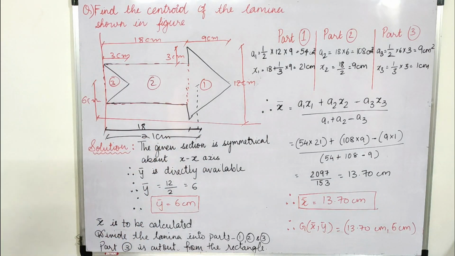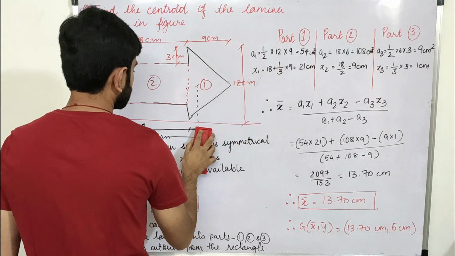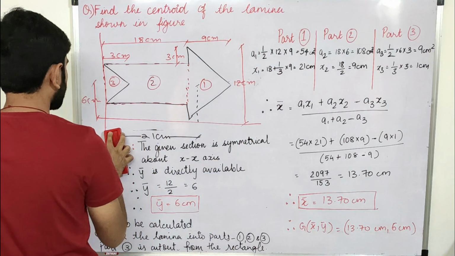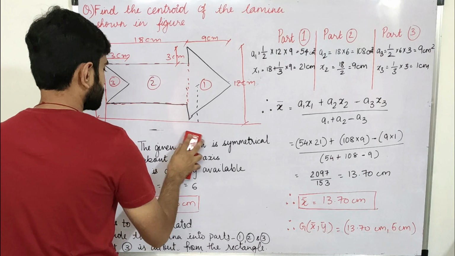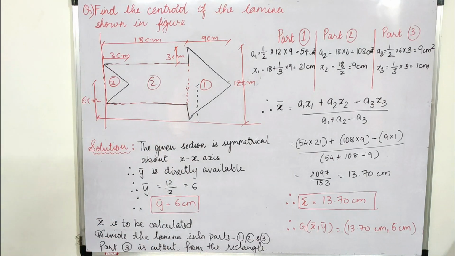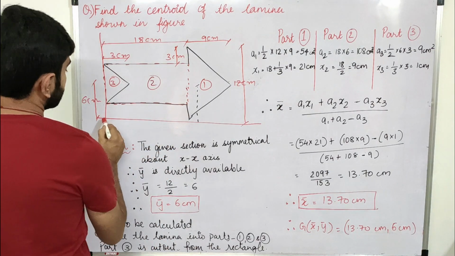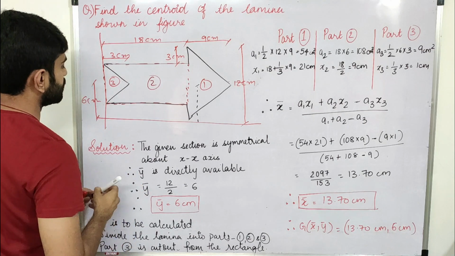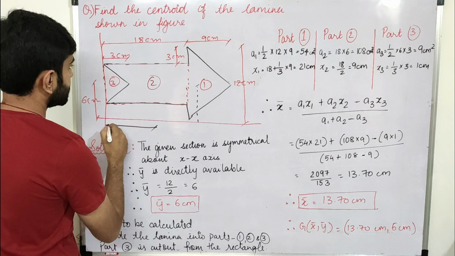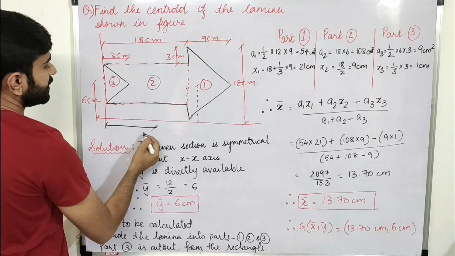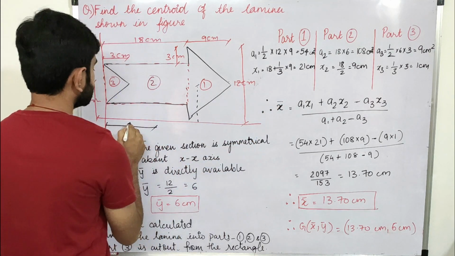So in this way we calculated x1, and again we'll be calculating x2. For calculating the value of x2, we'll be traveling till the centroid of the second portion from here. That is very easy. 18 divided by 2, that would be 9 centimeter.